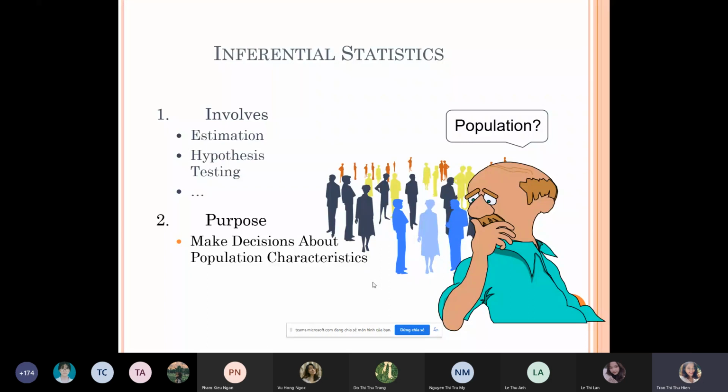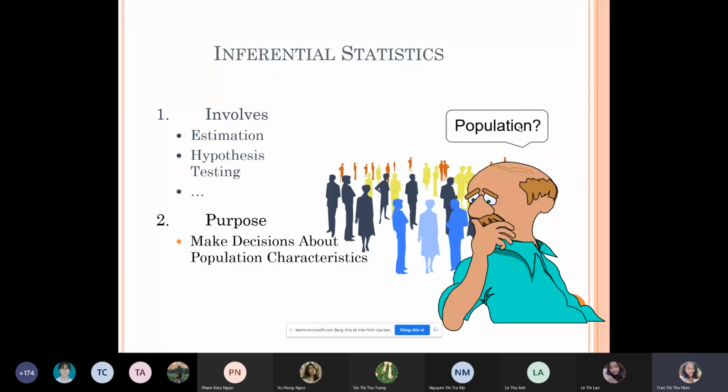Why do we have to use the data from the smaller group? Because maybe we would like to find the height of the students in Hanu, for example. But it's very hard for you to collect all the data from each student in Hanu, right?